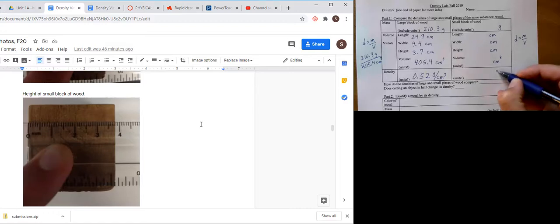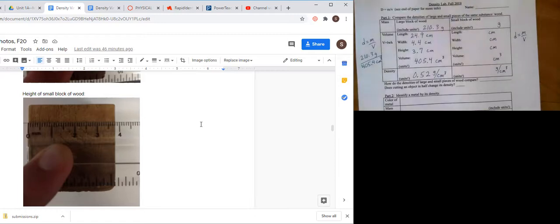Make sure once again you include the units. Now, if you notice, these 2 answers are going to be very similar. Probably not identical, but they are very close. And so that's what should happen. The densities of this large and small block of wood should be similar.